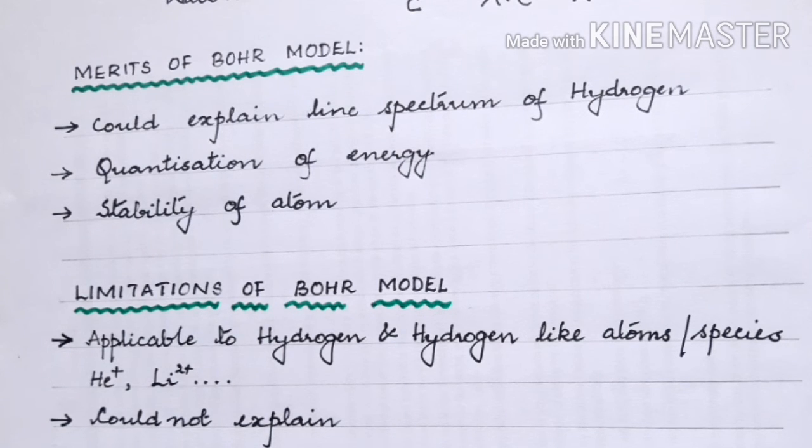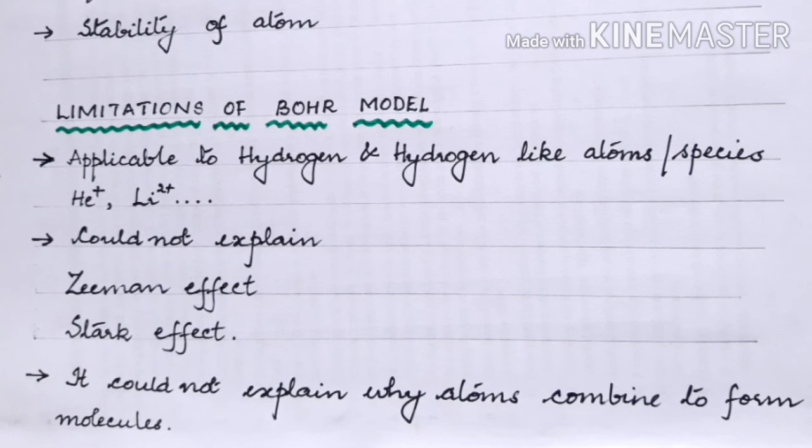It is applicable to only one electron systems, that is, it can be explained only for hydrogen or hydrogen-like species like helium plus, lithium 2 plus, etc. It also could not explain the splitting of spectral lines in the presence of electric field and magnetic field, that is, Zeeman effect could not be explained effectively by Bohr model of atom.